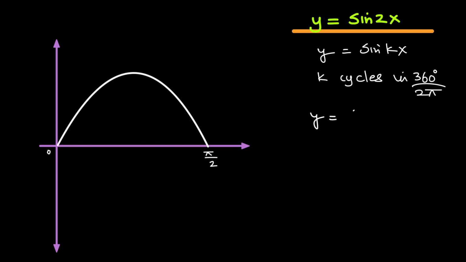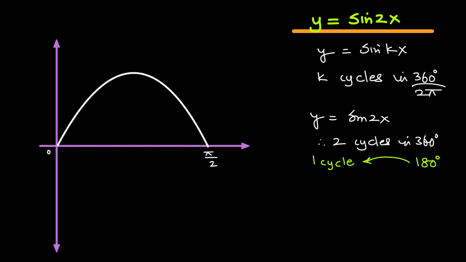Since it is y equals sine 2x, there are 2 cycles in 360 degrees, which means in 180 degrees there is 1 cycle, and what we see over here is half a cycle. So half a cycle will be in 90 degrees. 90 degrees is known as pi by 2 radians. That is what the labeling over here is.